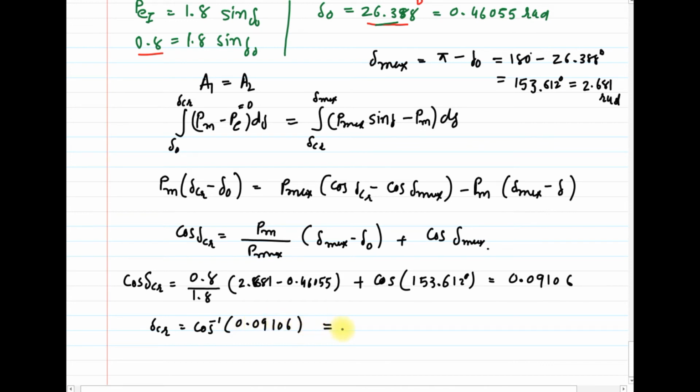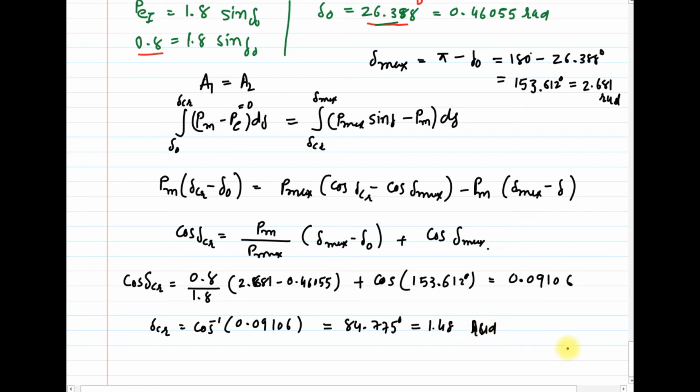So the final answer for delta C is 775 degree, which is equal to 1.48 radian.